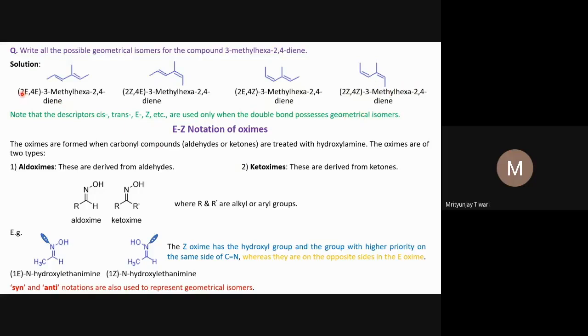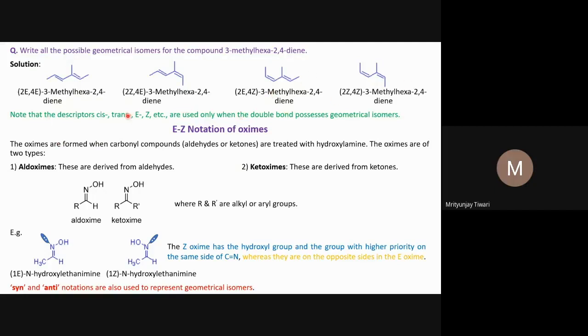So one can have four isomers, all combinations: EE, EZ, ZE, ZZ. Four combinations, so four different isomers are possible in this case.